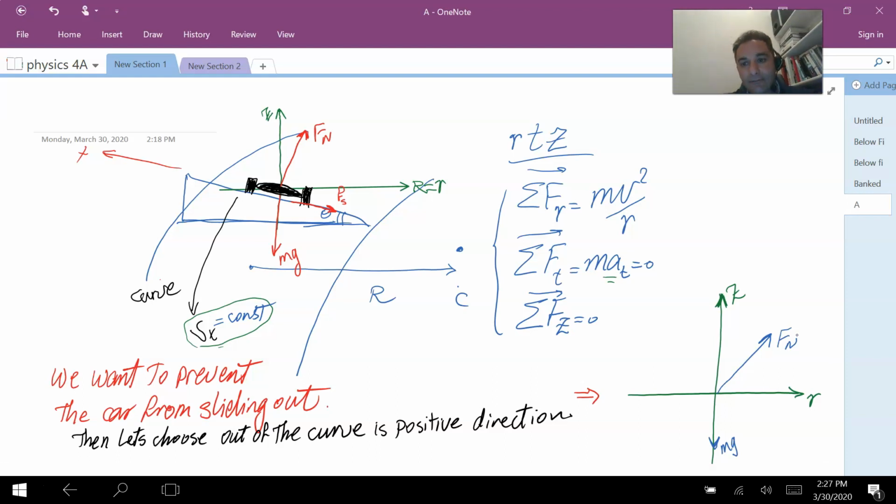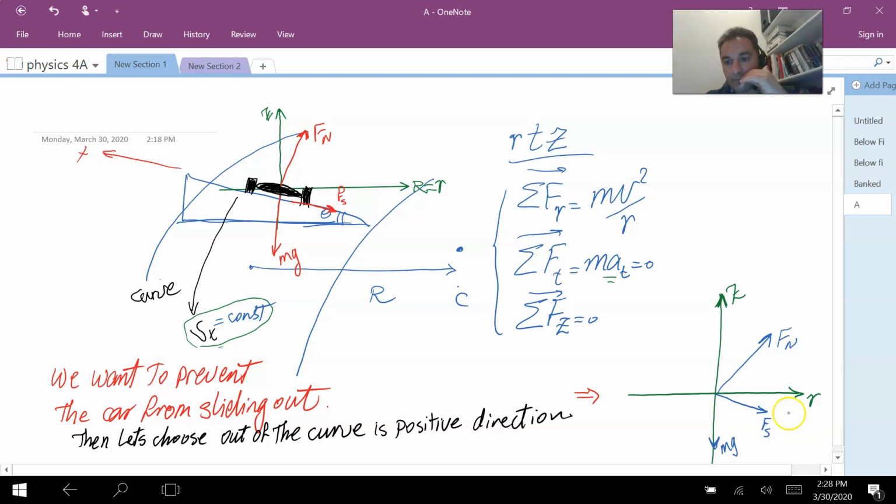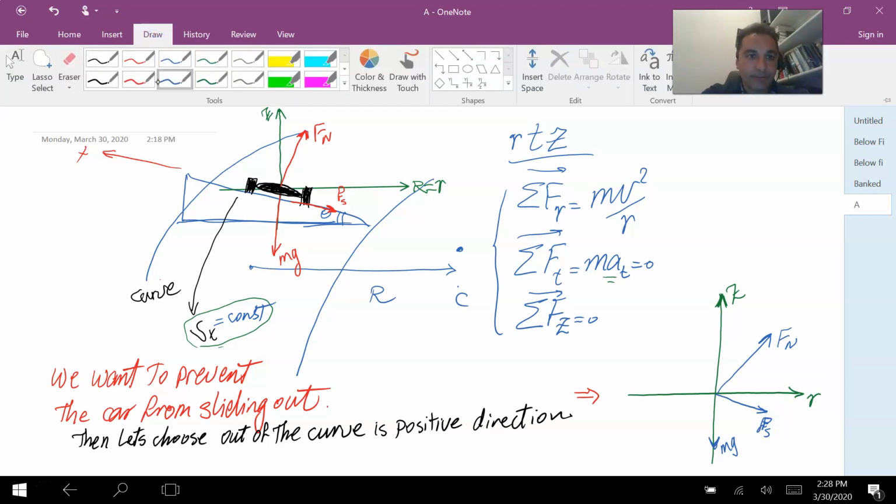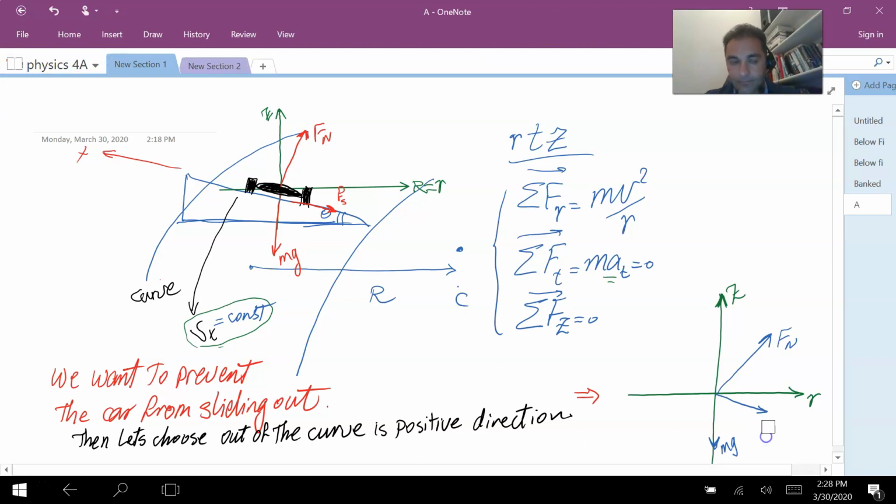Then what I do have here, Fs, static friction force, or little f is better. Okay, so how many forces do I have?